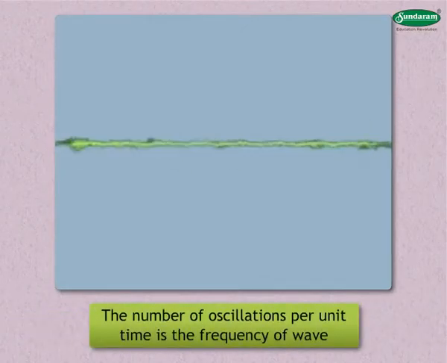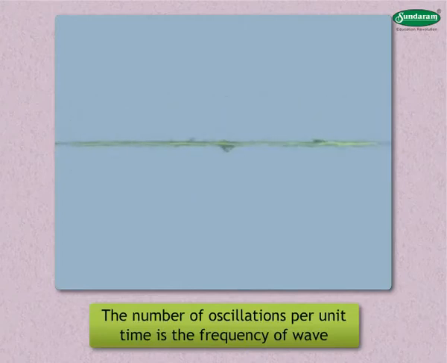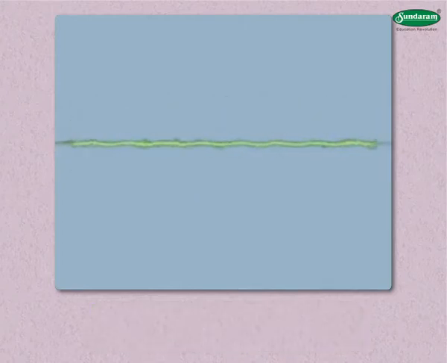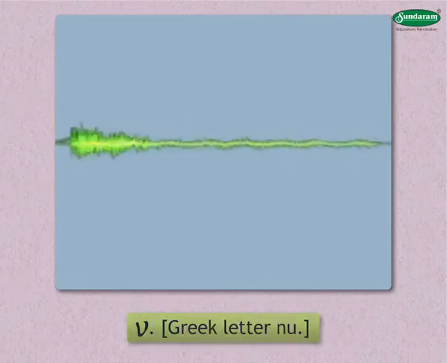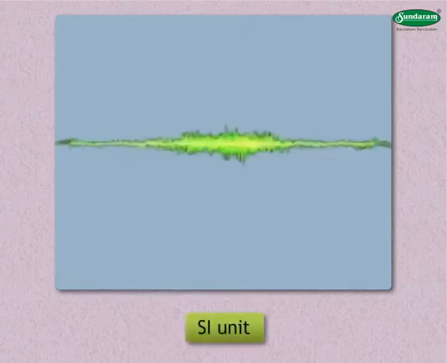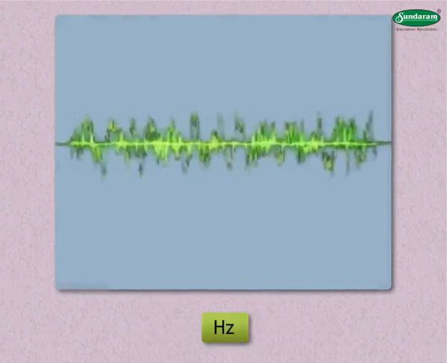The number of oscillations per unit time is the frequency of wave. The frequency of sound wave is represented by the Greek letter nu. Its SI unit is Hertz, having the symbol Hz.